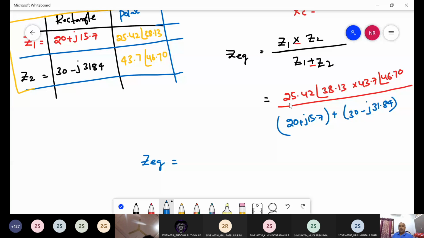In the numerator, magnitude multiplied with magnitude: 25.42 into 43.7. Do it now. 111 angle, both add: 38.13 plus 46.70.